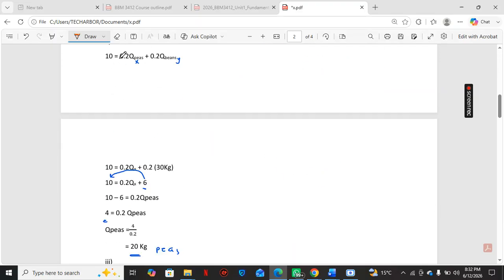We already know how many beans they're buying, which is 30 kg, but we want to know how many peas they will buy. It's just a matter of solving. The way I solved in part one is the same way I've solved in part two. The only difference is the price of peas changed.